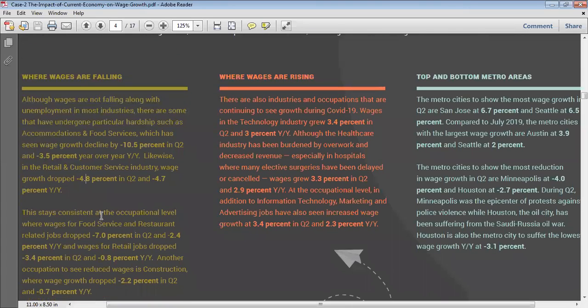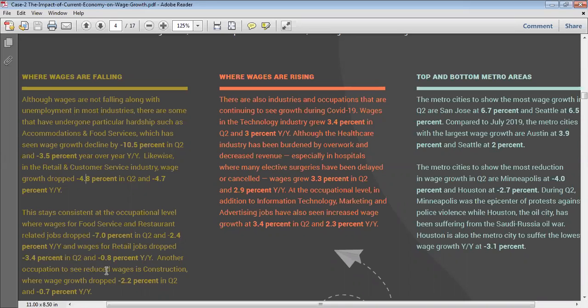This stays consistent at the occupational level, where wages for food service and restaurant related jobs dropped minus 7% in quarter 2 and minus 2.4% year on year, and wages for retail jobs dropped minus 3.4% in quarter 2 and minus 0.8% year on year. So this is the decrease in number of jobs or job opportunities.